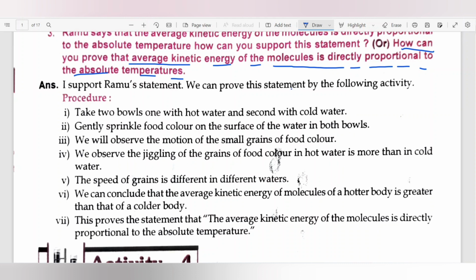Coming to the procedure, take two bowls, one with hot water and the second with cold water. We know the hot water will have high temperature and the cold water will have low temperature. Now gently sprinkle food color on the surface of the water in both the bowls.